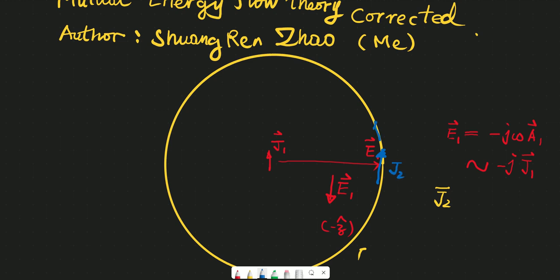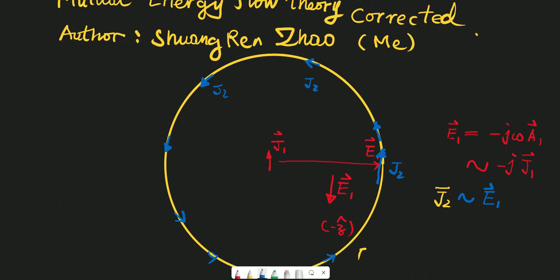Actually, this current is all G2. We assume G2 has the same phase as E1, and E1 is this.